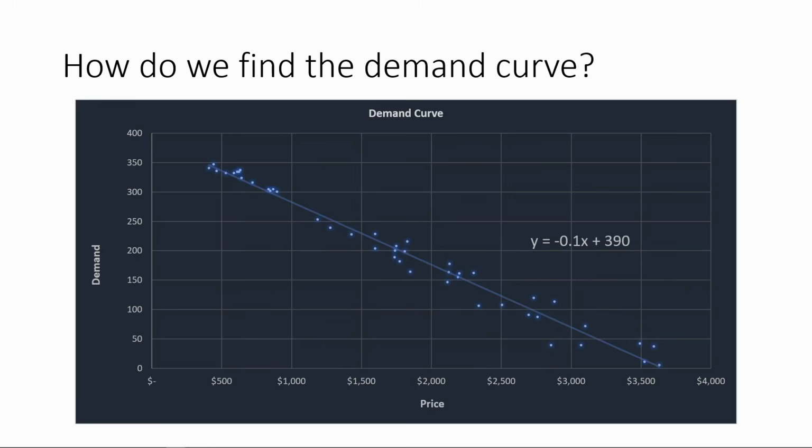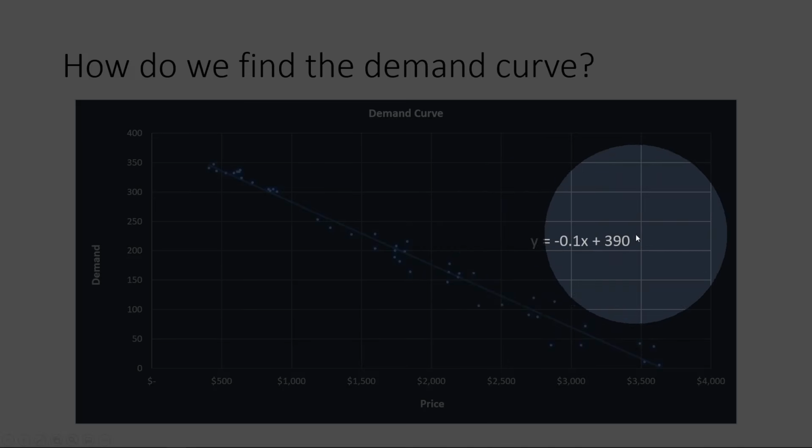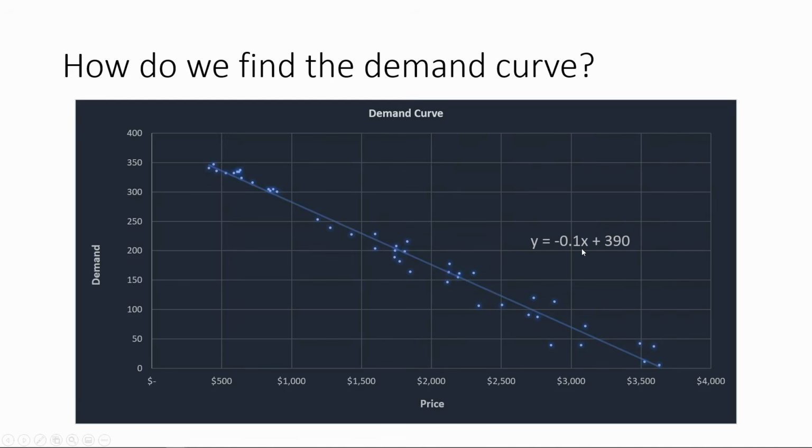If we display the equation for this trend line, we're going to get y equals minus 0.1x plus 390. Here y is demand and x is price. So from this, what we have is essentially demand equals 390 minus 0.1 price. That is how we find the demand curve.